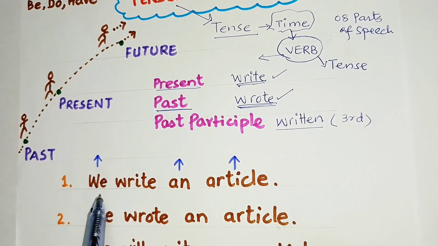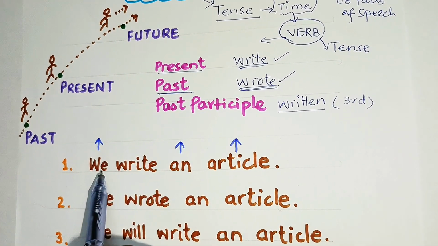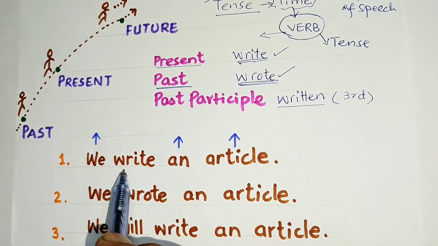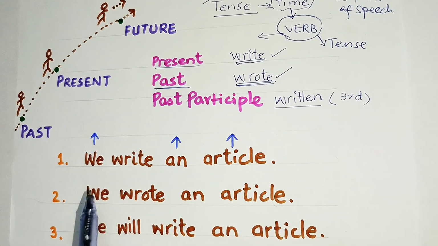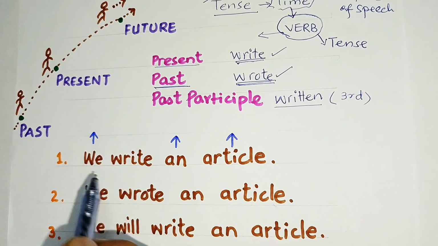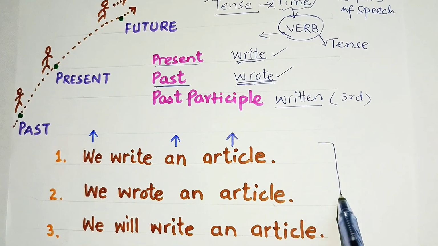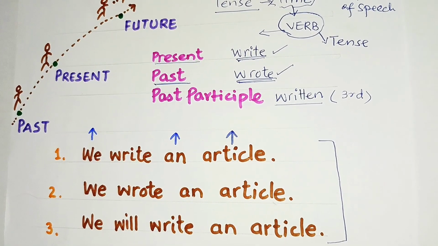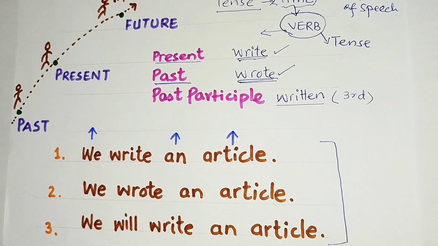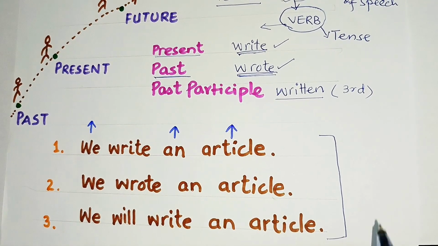Let's have a few examples in order to understand or consolidate the concept. You can see that we have got 9 examples, but these are actually 3 sets. This is the first set, this is the second one, and this is the third one.